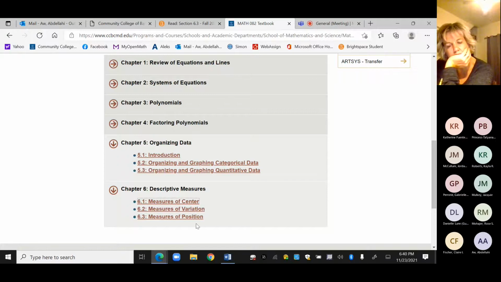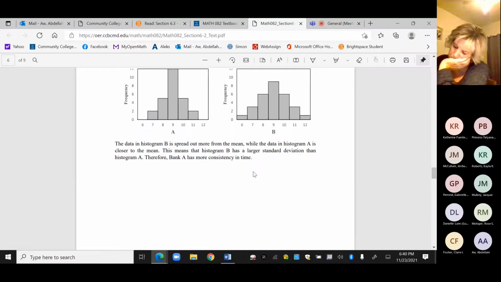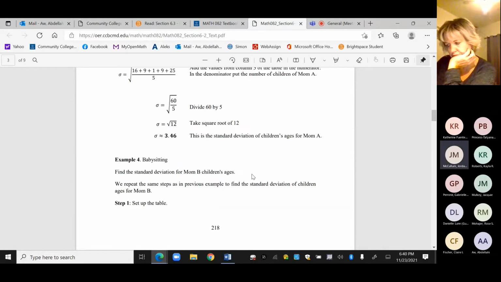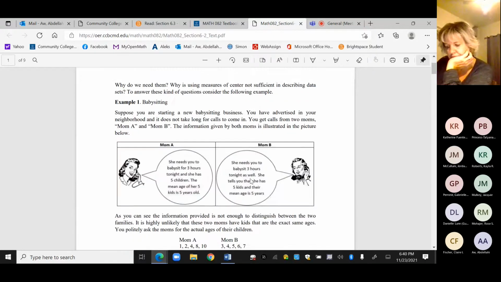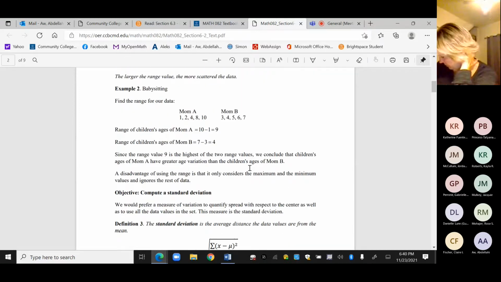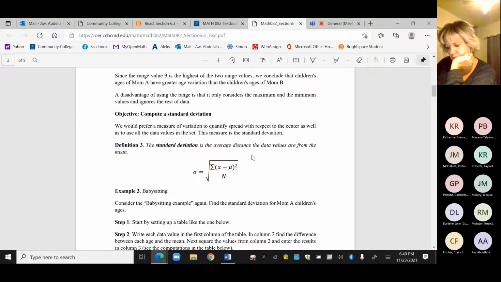All right, so now the measure of variation. This is the next one, what you call the standard deviation. The standard deviation is a measure that tells us how spread out the data is, if the data is compact or not compact.